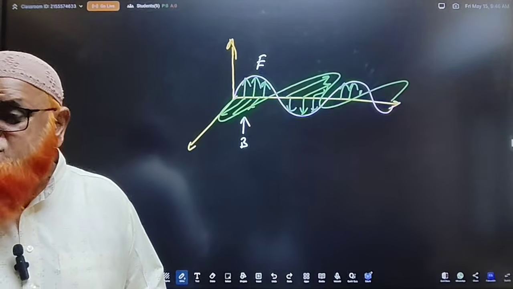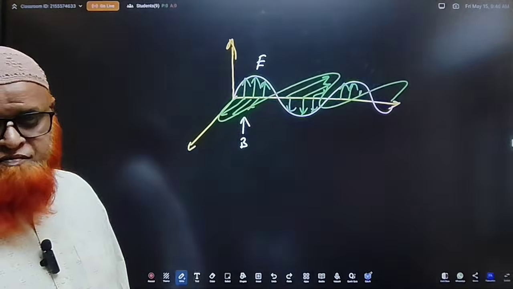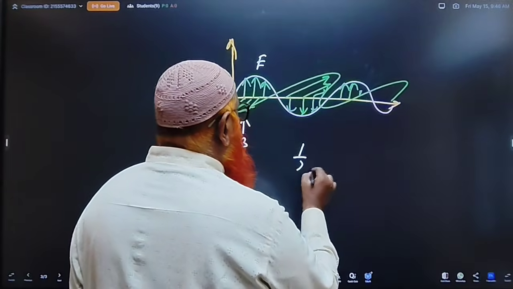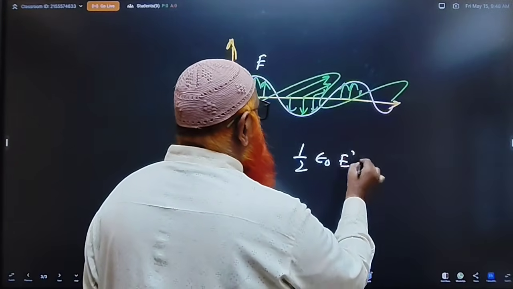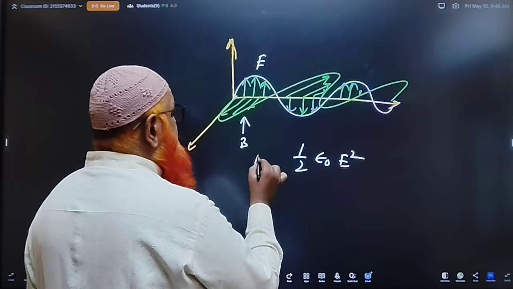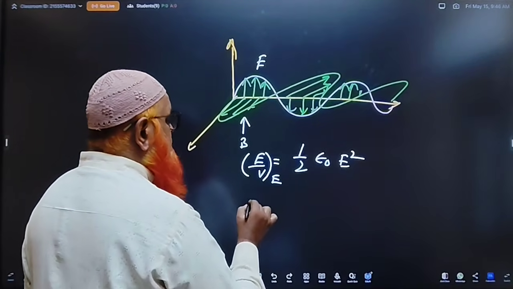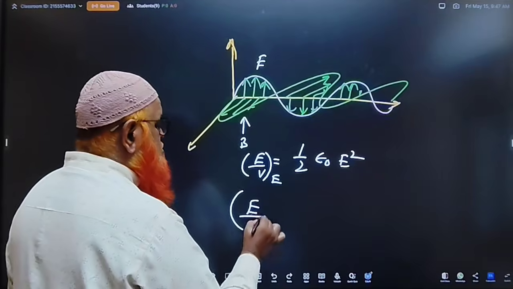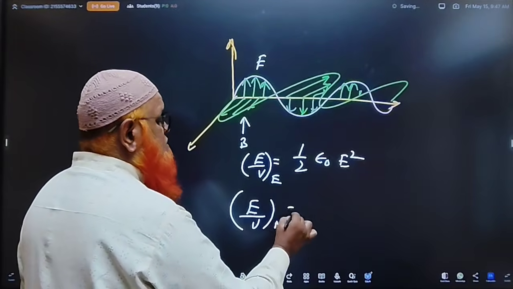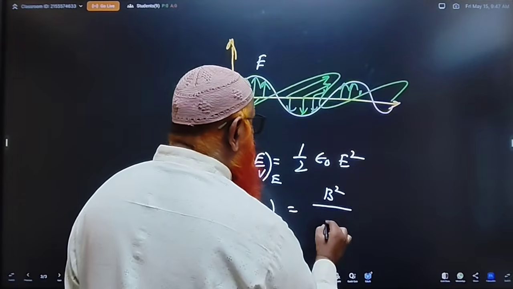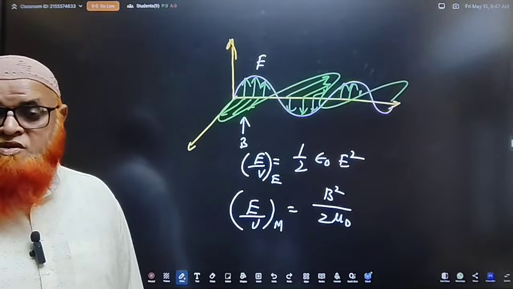What is the energy stored in an electric wave? You write half epsilon naught into E square. What is this? Energy per unit volume. In the case of an electric wave, energy per unit volume is this, and in the case of a magnetic wave it is given by B square by 2 mu naught. These two formulas you have to remember.